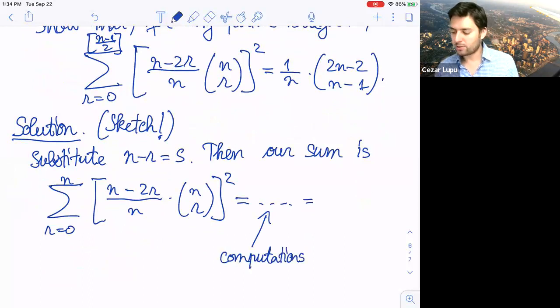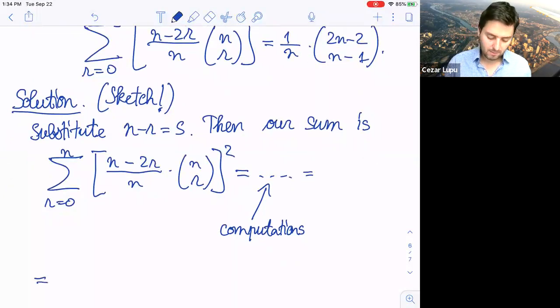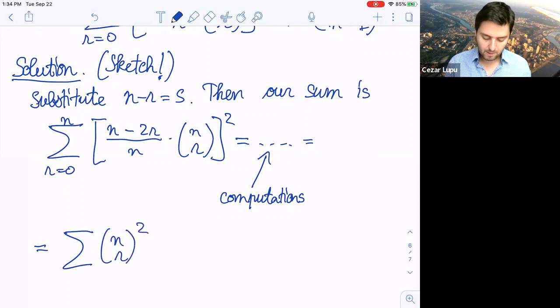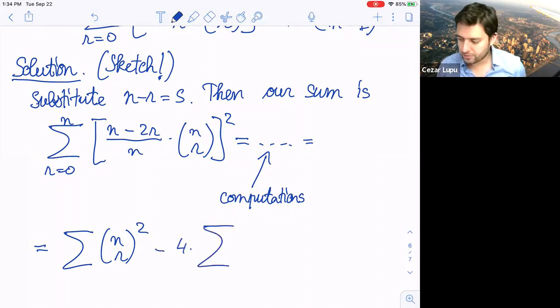Okay, let me see, I'm not going to be precise here, some n choose r squared, minus some coefficient, I don't know, 4 I think it was, again, and I have here r over n choose r squared, and some others.